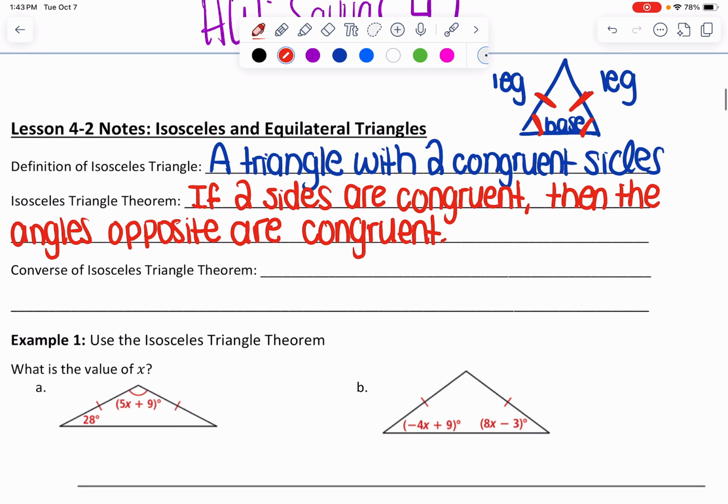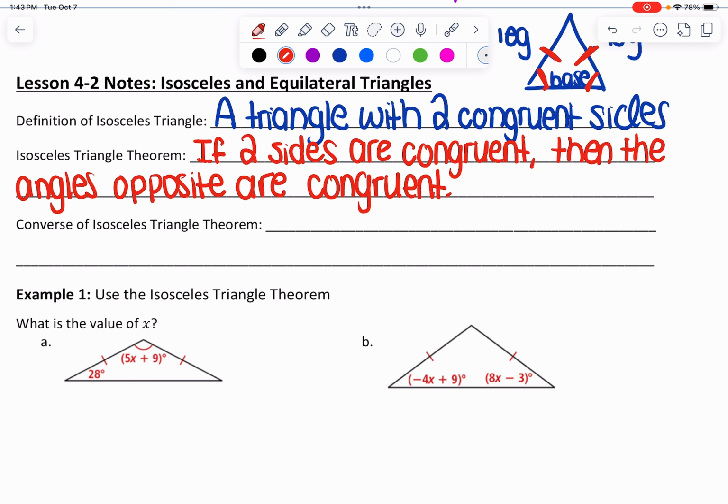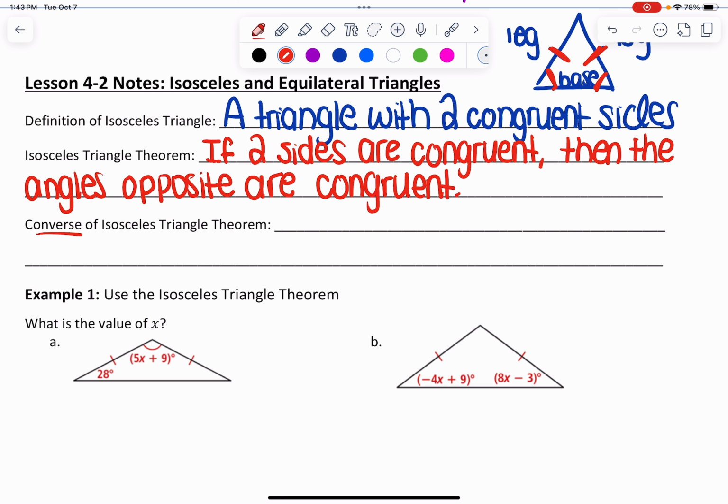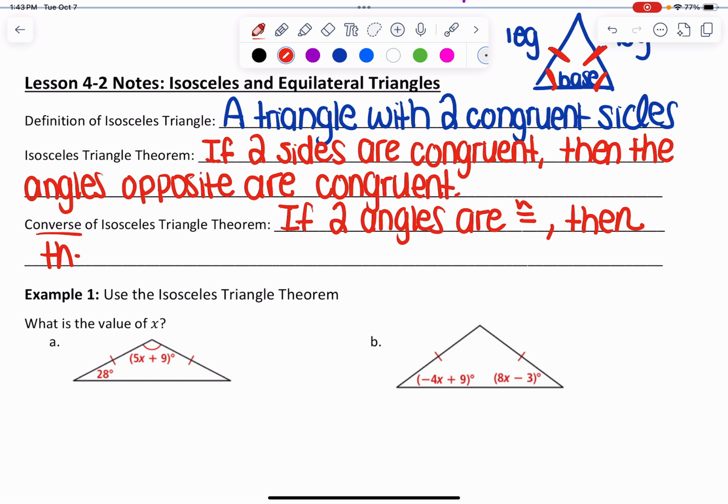Okay. The converse of that, okay, so if at any point you need to pause it to catch up, let me know. The converse of that is switching the if and the then. So if two angles are congruent, then the legs are congruent.